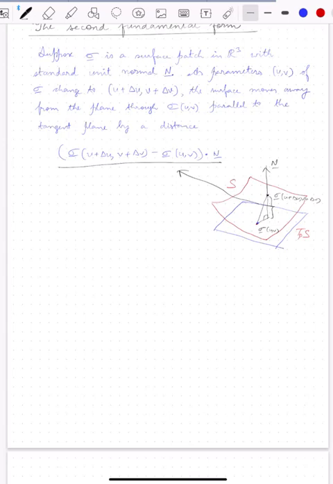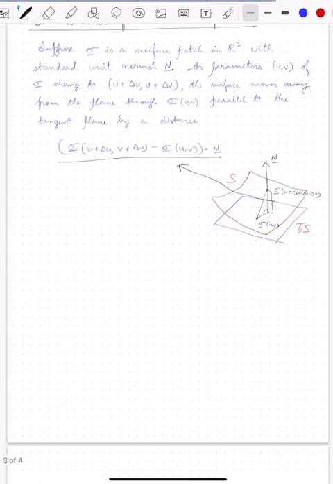It just says how much the neighborhood point, at an almost infinitesimal distance away from the point sigma vector u v, has digressed from the tangent plane at point P. So P vector is this. That's what we are computing initially.